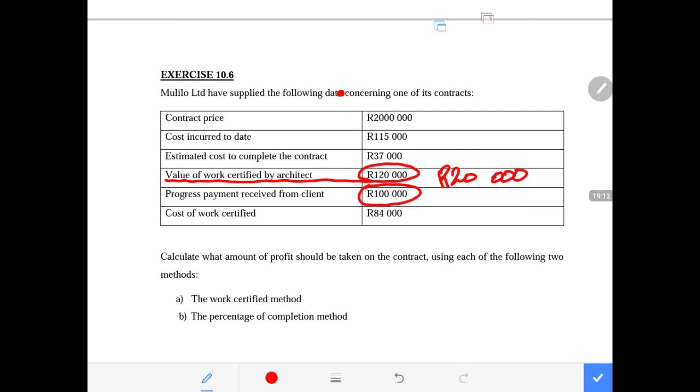Then after that, you can give them the retention amount. The client will retain 20,000 for a specified period of time to verify and confirm that the work the contractor has done is of good quality.